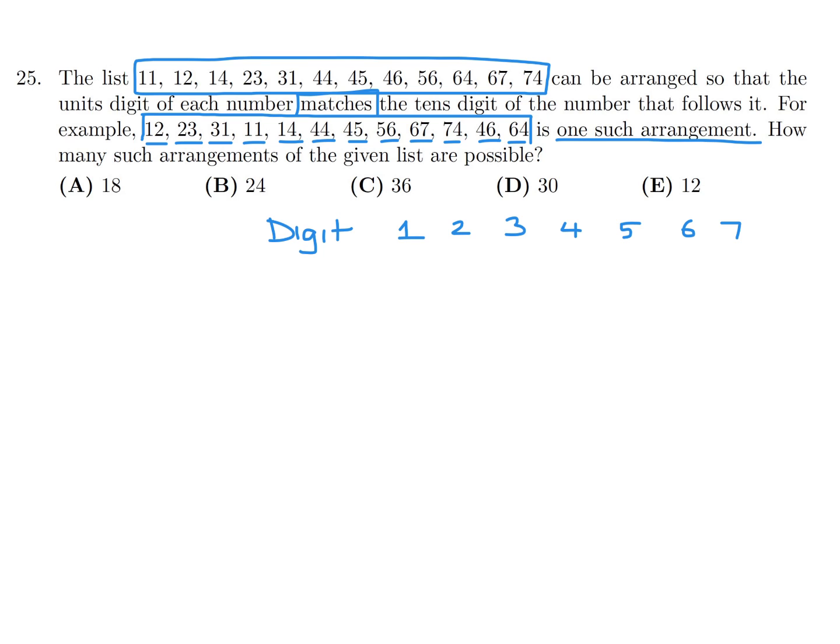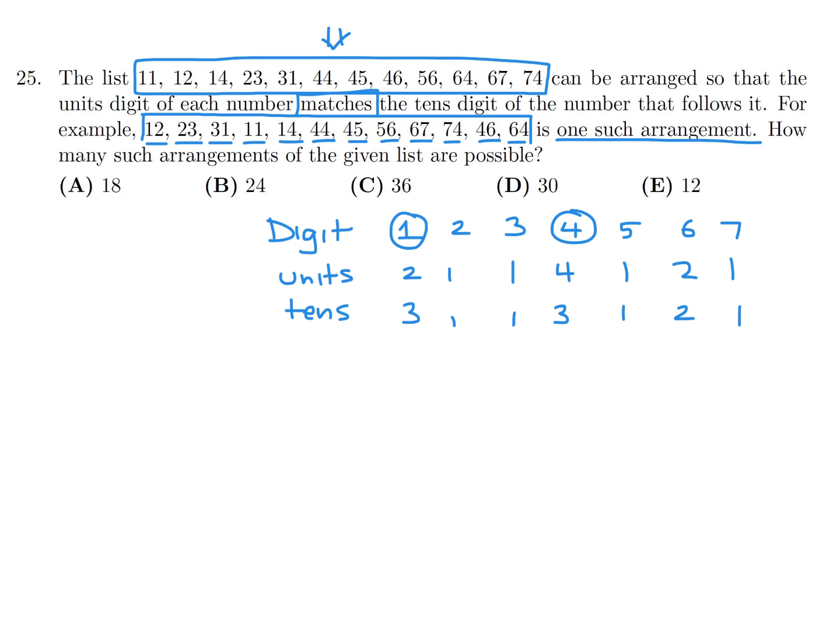Now let's see, how many times does each digit appear as a units digit, and how many times does it appear as a tens digit in this list right here? The 4 appears 4 times as a units digit, 3 times as a tens digit. Okay, so everything matches except the 1 and the 4.